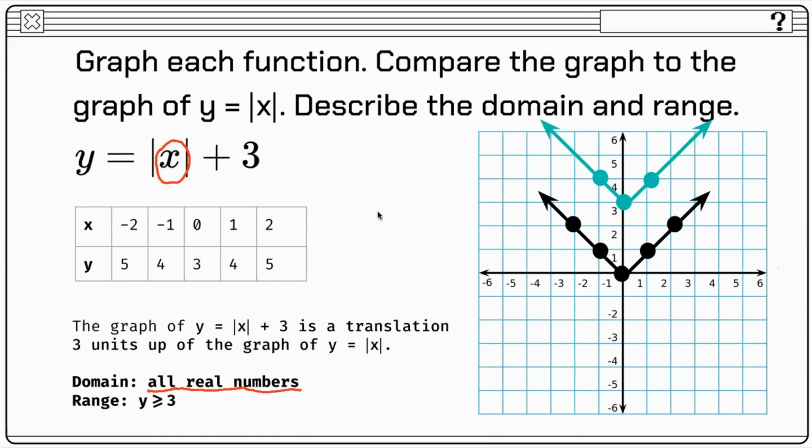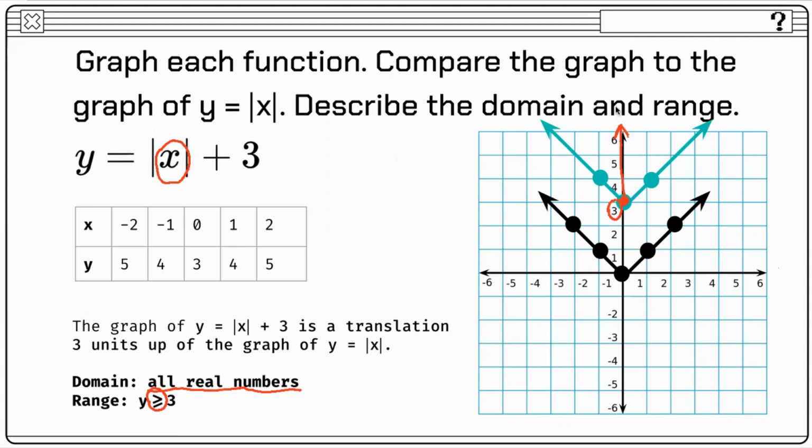And as for range, you want to look at how your points are in relation to your y-axis. So for y equals absolute value of x plus 3, we see here that the lowest point on the y-axis is at positive 3, and from there all your y values are going up. So that means your range is y is greater than or equal to 3. And the reason why you have greater than or equal to is because your 3 is included in your range.